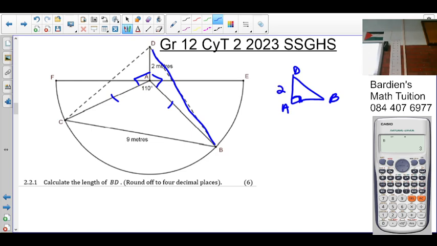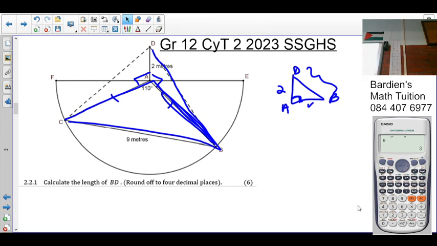But looking at triangle CAB, we can actually calculate CB. Once we have CB, we can apply Pythagoras to calculate BD. You all understand? Okay. So let's go.